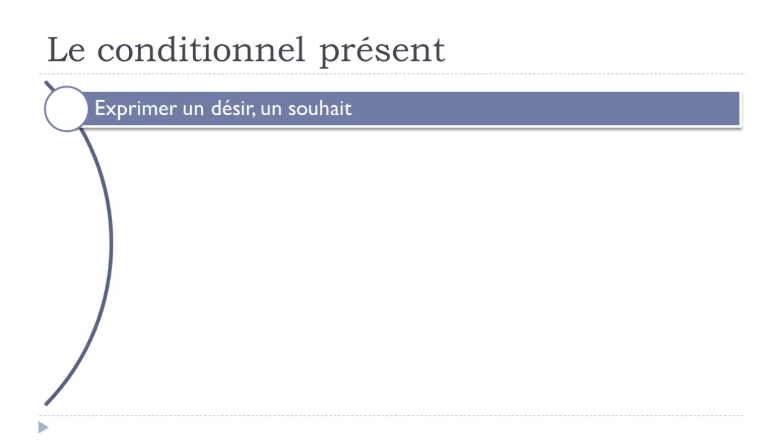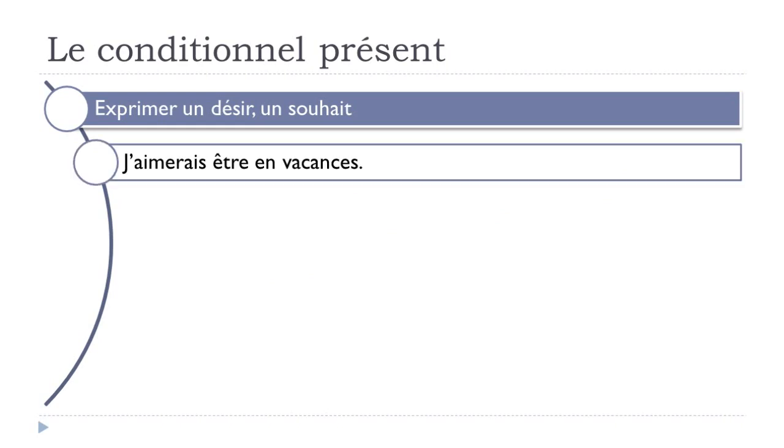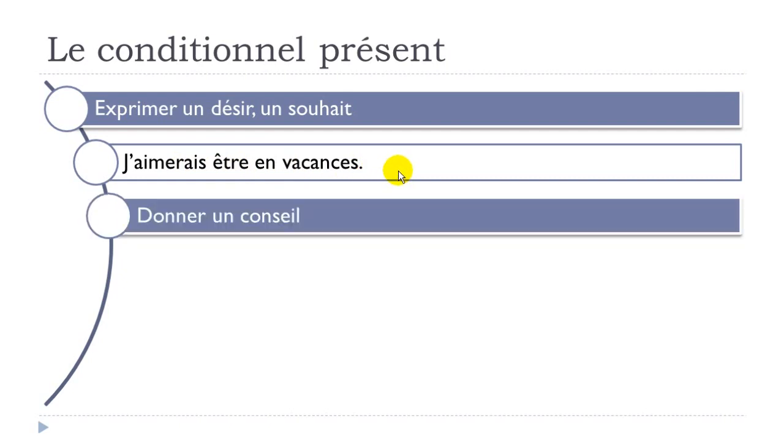The first situation would be to express a desire or a wish, exprimer un désir ou un souhait. J'aimerais être en vacances. Aimer, to like or to love. And here you've got the conditional form. Être, to be. En vacances, on vacation, holidays. J'aimerais être en vacances.